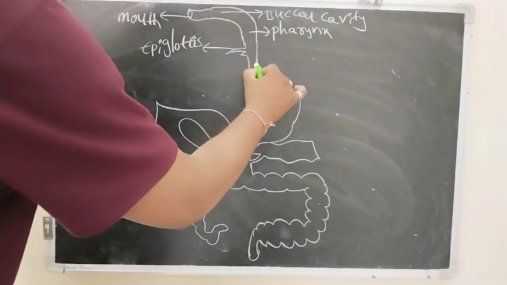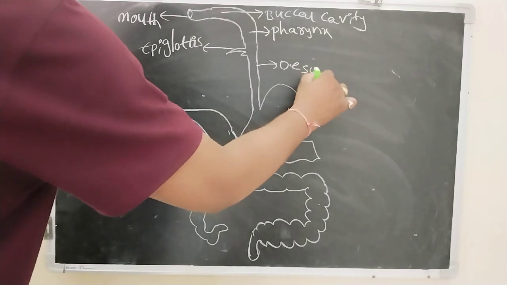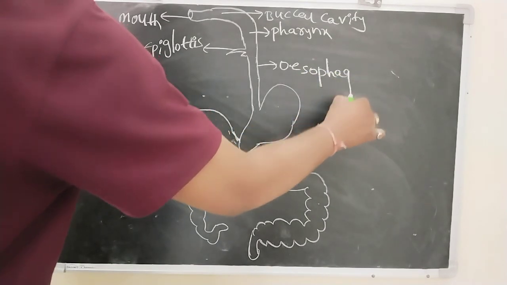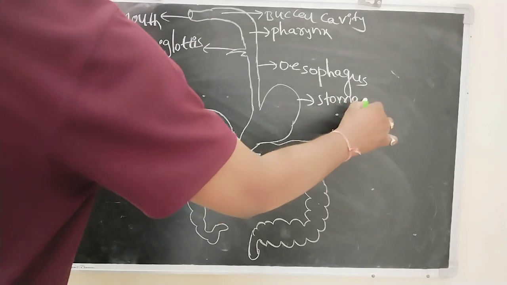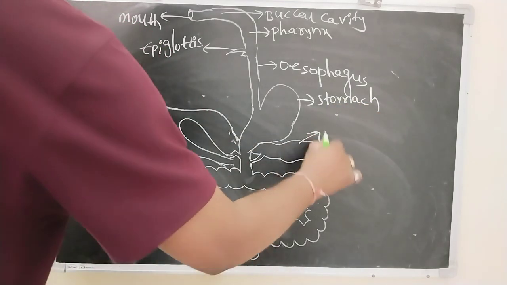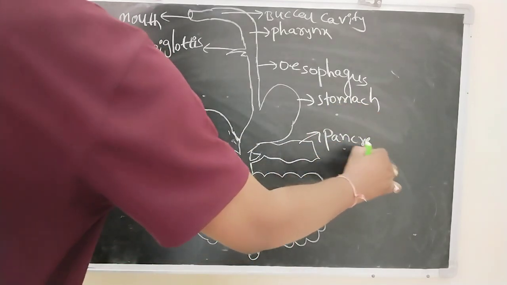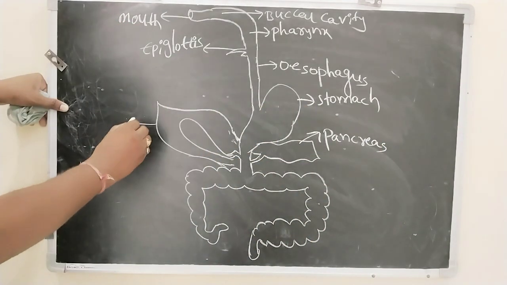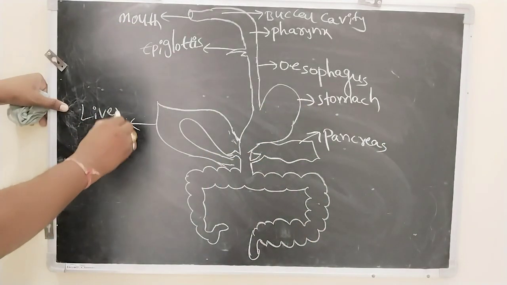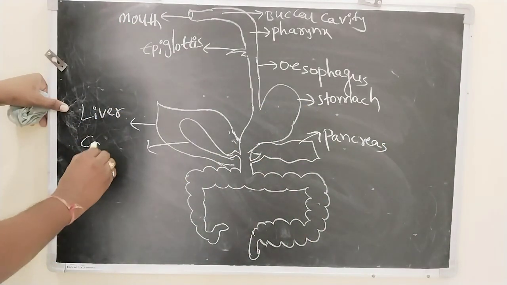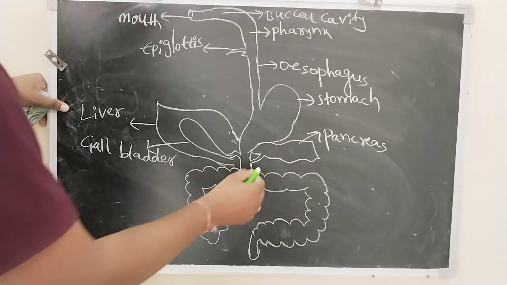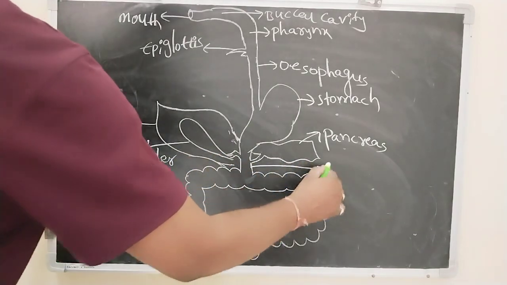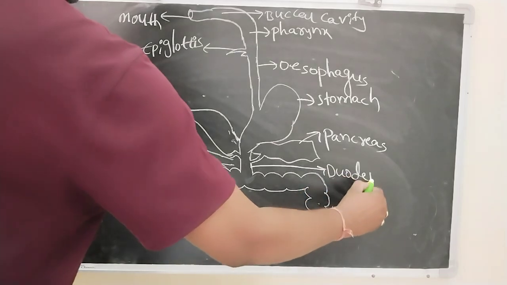Next, this is the esophagus, this is the stomach, this one the pancreas, this one the liver, the gallbladder, and this U-shaped structure is the duodenum.